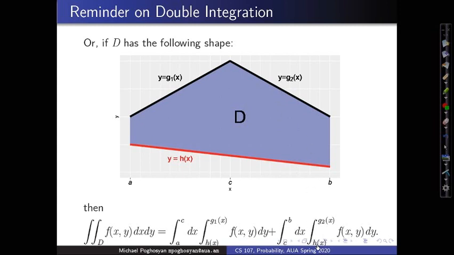So the integral from h of x to g2 of x of our function f with respect to y. We calculate this inner integral, obtain a function of x, plug it here and integrate with respect to x from c to b. Similarly we calculate the first part, and together that gives the integral we wanted to calculate.